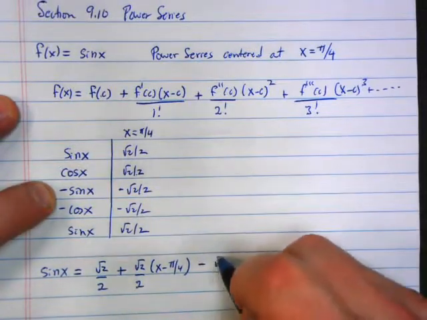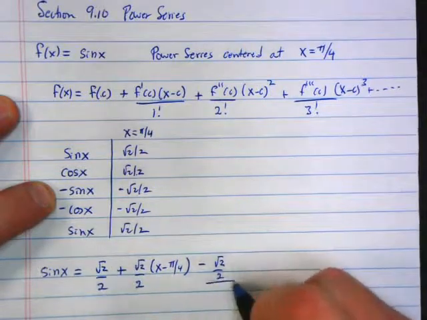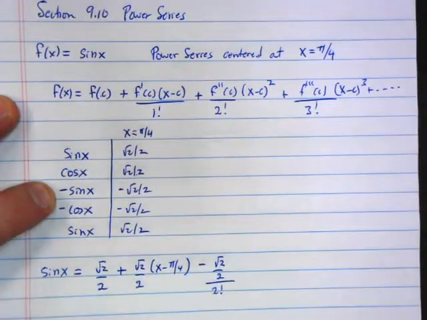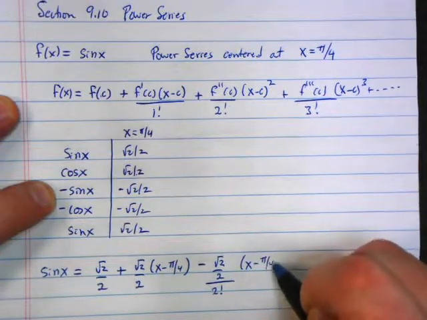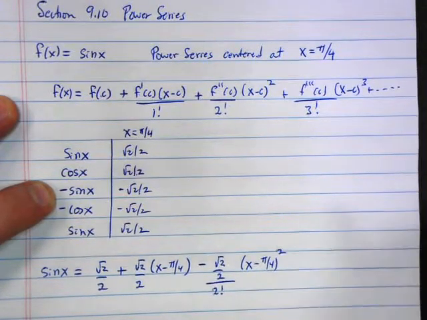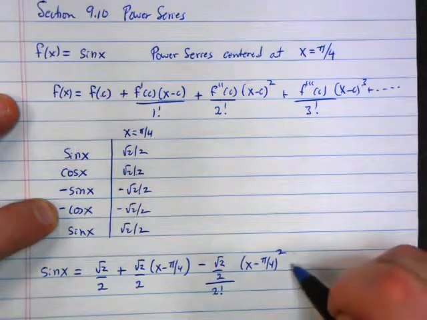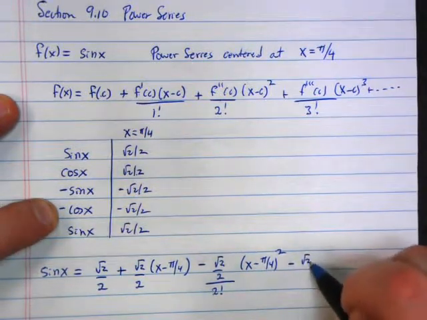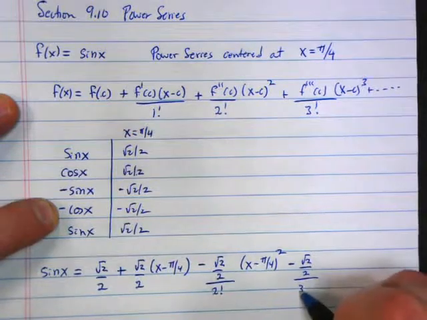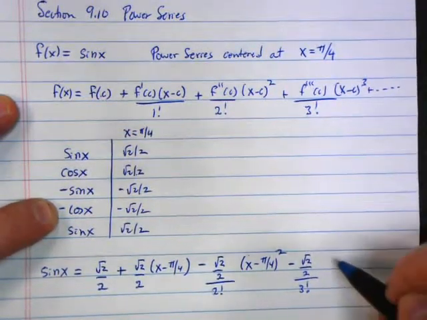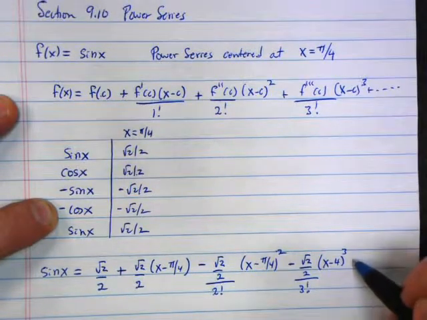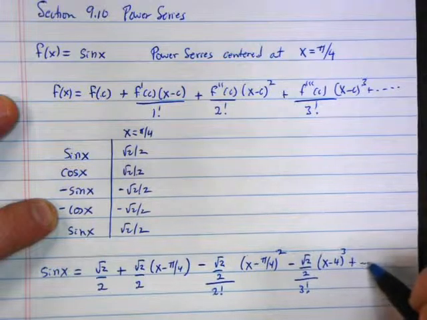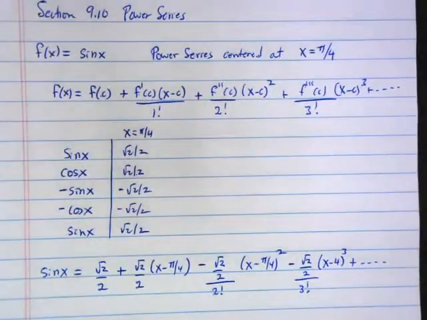Minus square root of 2 over 2 divided by 2 factorial, x minus pi over 4 squared. Next one. Minus square root of 2 over 2 divided by 3 factorial, x minus pi over 4 cubed. Plus dot dot dot. I guess that's enough.